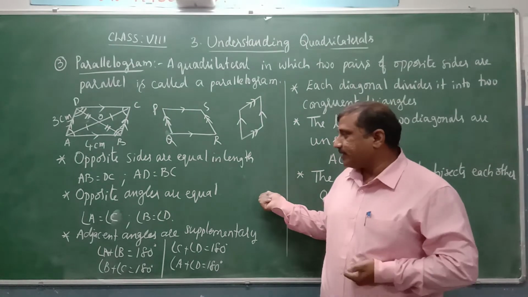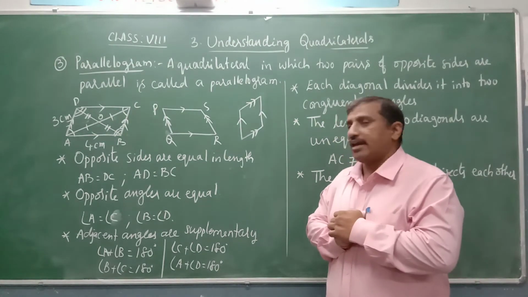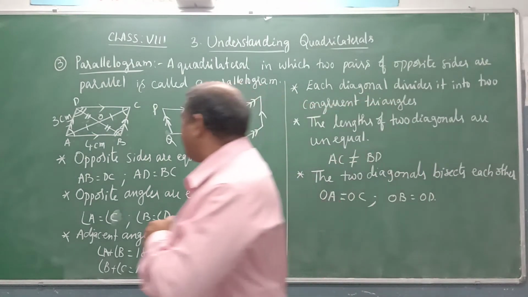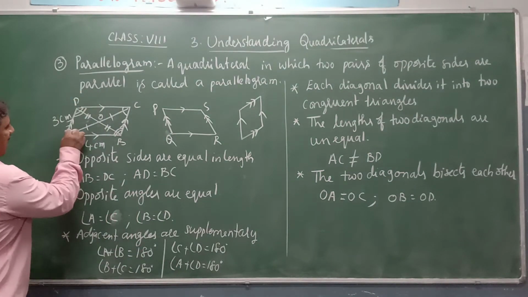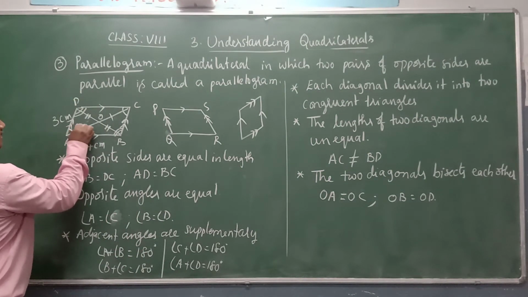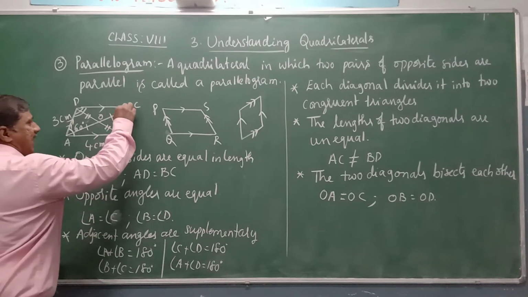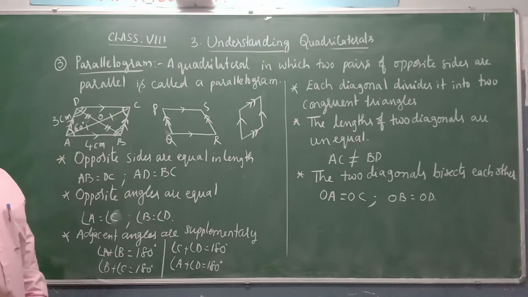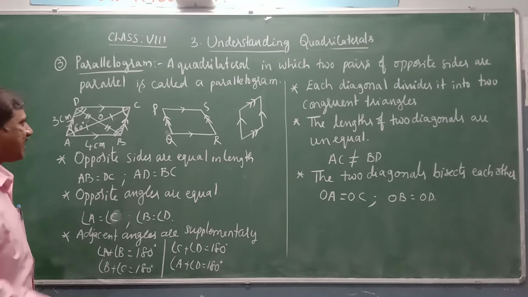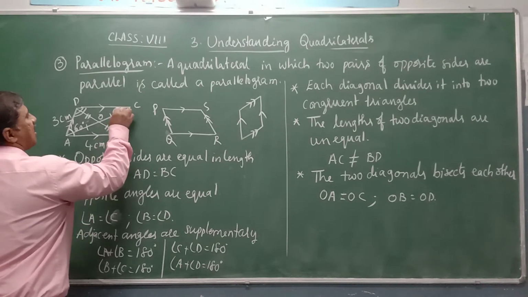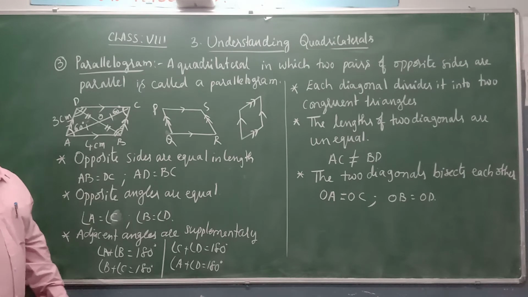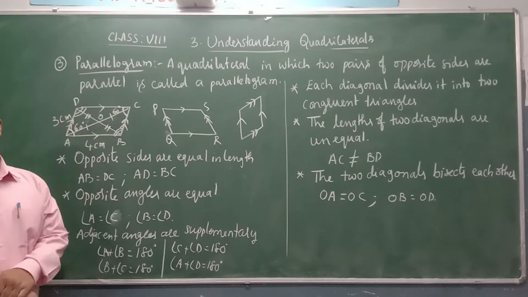Then about angles. Opposite angles are equal. If angle A is equal to 60 degrees, how much will be the angle which is opposite to angle A? Yes, exactly, it is also 60 degrees. That is, opposite angles are equal.